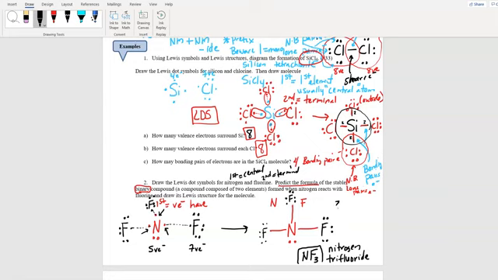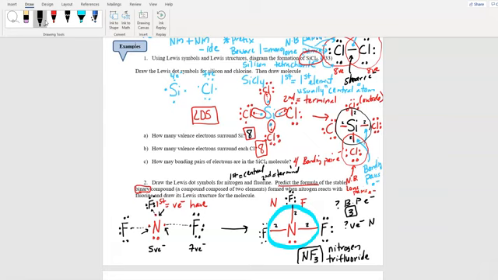So how many bonding pairs of electrons do I have? Well, I have 3 of them. I have 1, 2, 3. And how many, what we like to call valence electrons, surround the nitrogen? Well, remember, it's sharing. So if I look right here, he's sharing with those fluorines, and he has those lone pairs. So every bond has 2 electrons.